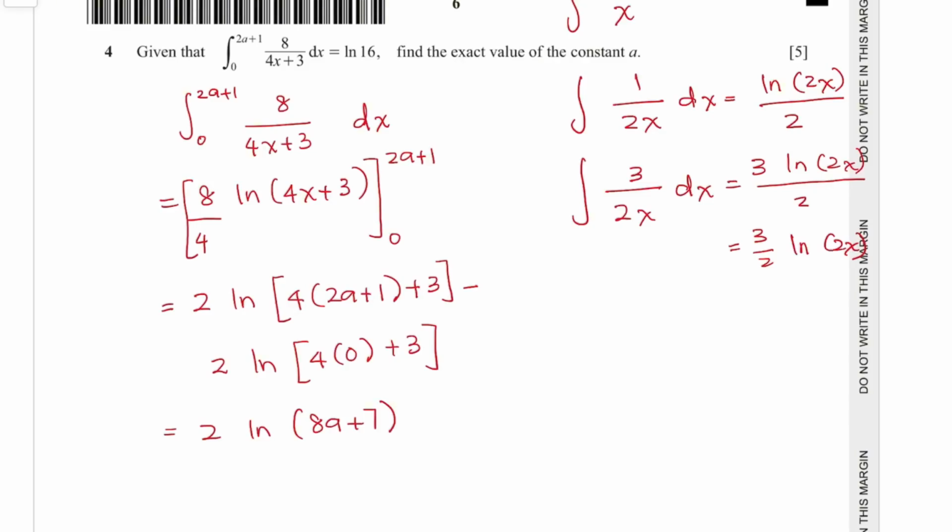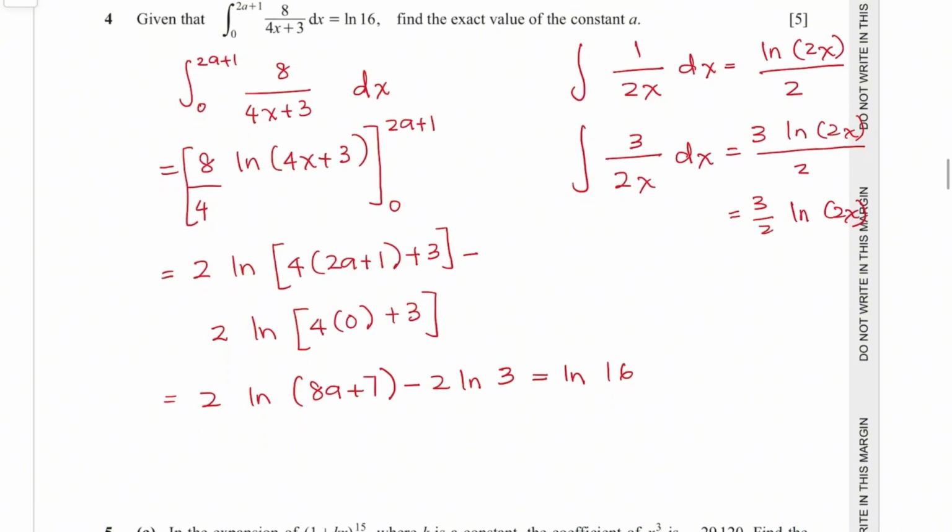Okay? Which will be subtracted with 2 ln 3. Okay? 4 times 0 is 0, plus 3 is 3. And this everything is equal to ln 16 as given in the question. Alright? You have to figure out what is a.